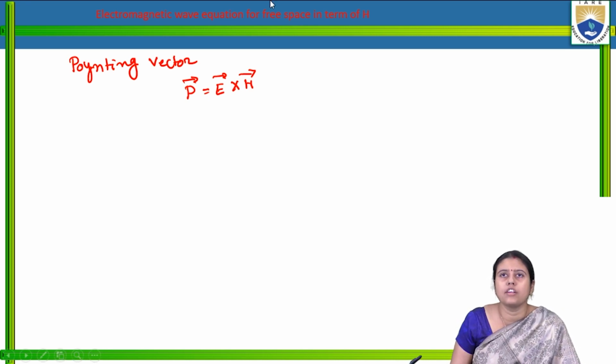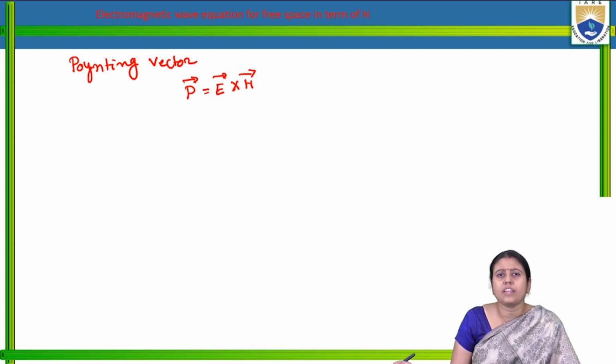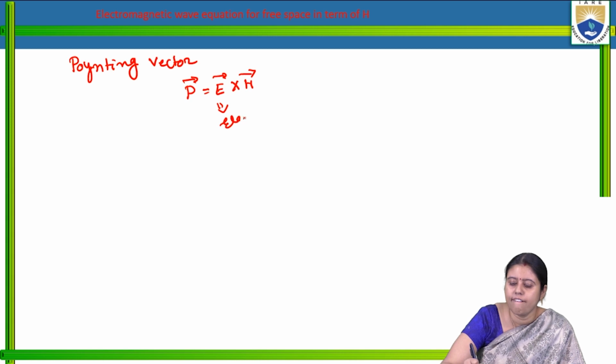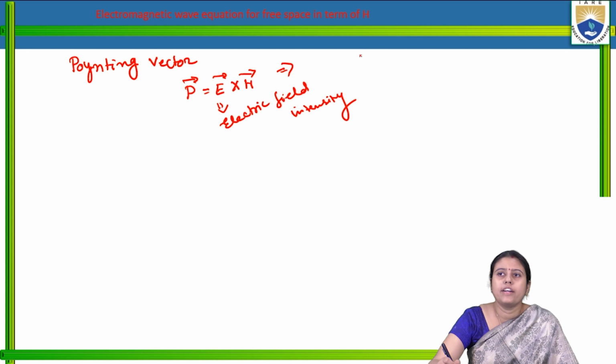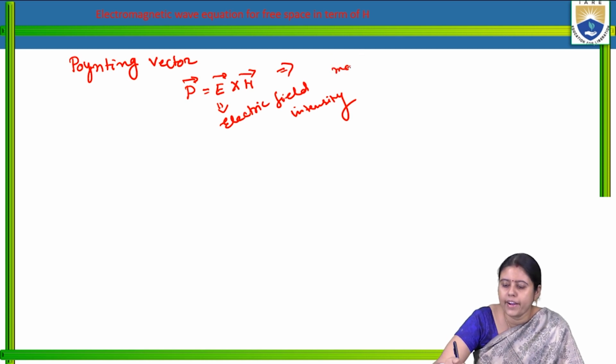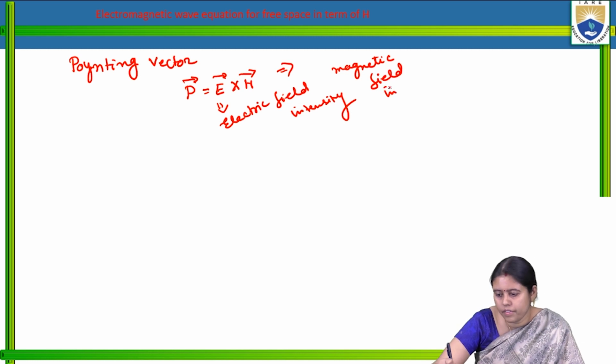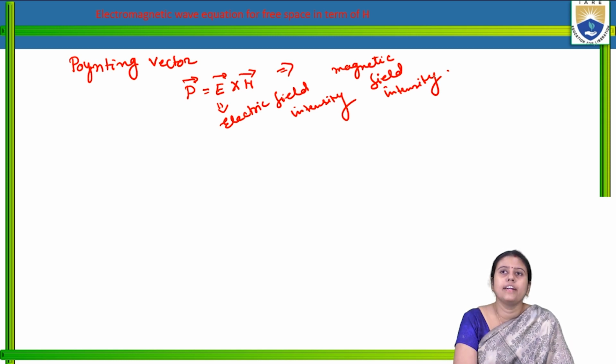P is equal to E cross H means that the vector P depends on two parts. One is E, the electric field intensity, and the other is H. What is H? H is the magnetic field intensity.